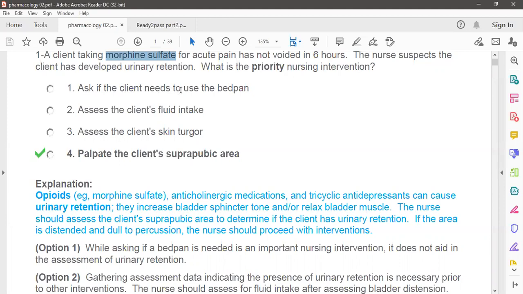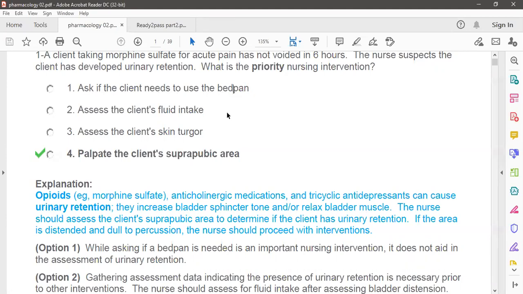Ask the client about back pain. But you are the medical person, you are the healthcare provider, you know better than your patient. Morphine can cause retention of urine, but you have to make sure the patient has actually developed retention of urine or not. So back pain comes later on.